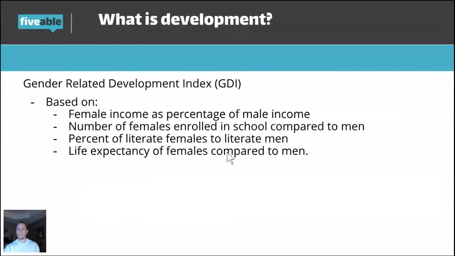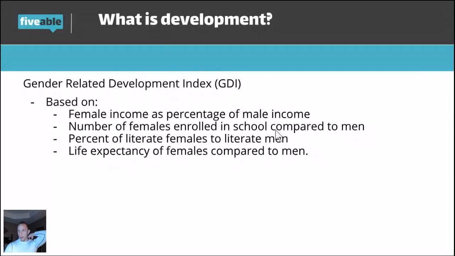They're not expected to. And then you're also looking at life expectancy. So it takes really the same indicators, with the exception of the literacy rate, and compares females to males as what you see with the HDI. It's just a comparison of those indicators between men and women, rather than looking at it on the whole like the HDI does. All right.